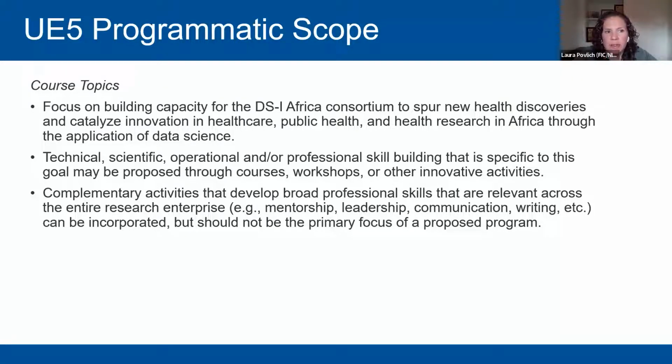These can be technical, scientific, operational, and/or professional skill building. Again, that is specific to the DSI Africa goal and could be proposed through courses, workshops, or other innovative activities. Complementary activities that develop broad professional skills that are relevant across the entire research enterprise may be incorporated, but these should not be the primary focus of a proposed program.